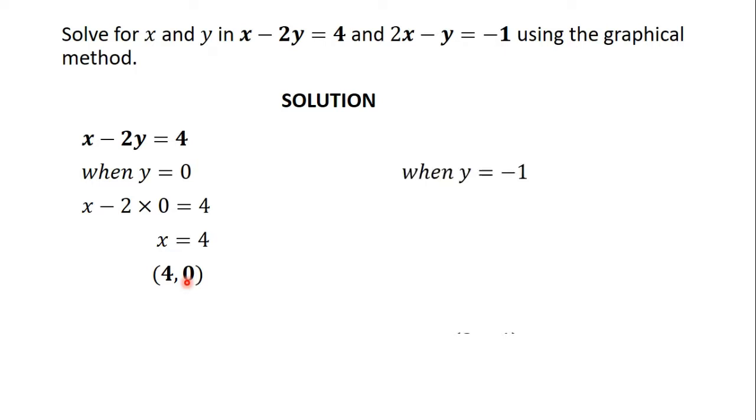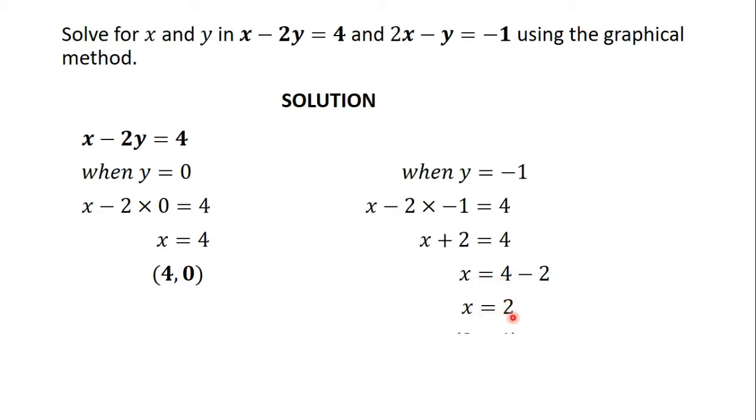Then I will do another assumption. Let's say when y is equal to negative 1, what is x? When y is equal to negative 1, I'll have x minus 2 times minus 1, since y is now minus 1, is equal to 4. This will give me x plus 2 is equal to 4. x will be equal to 4 minus 2.